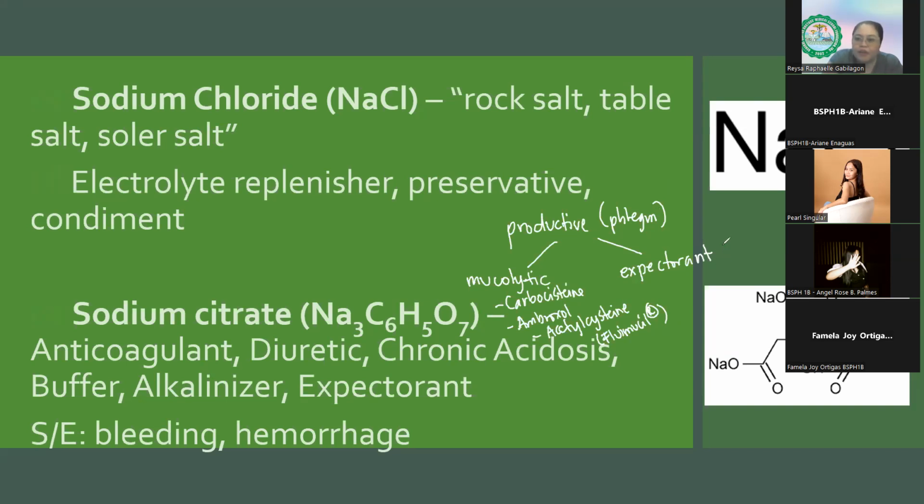Pag expectorant, syempre ito yung i-expel mo yung phlegm para malabas mo yung plema. Okay? May plema man, so ilabas natin using expectorant. So ito yun, sodium citrate can be an expectorant. But kung drug sa market yung hinahanap mo, we have guaifenesin. Okay?